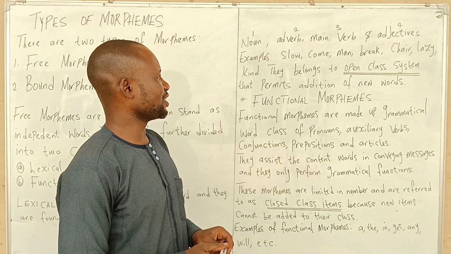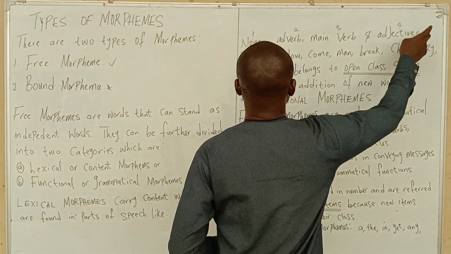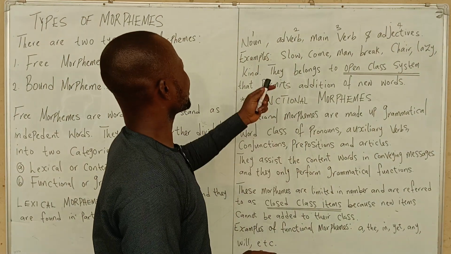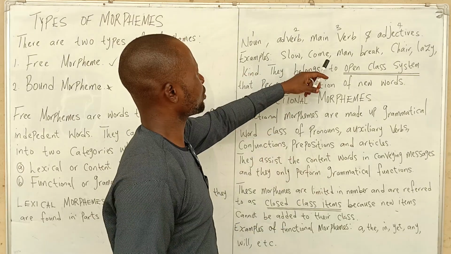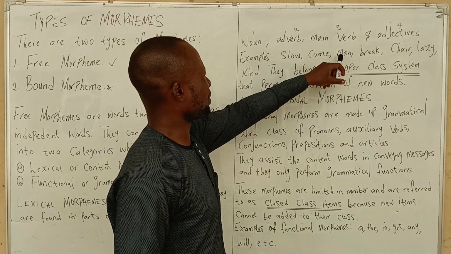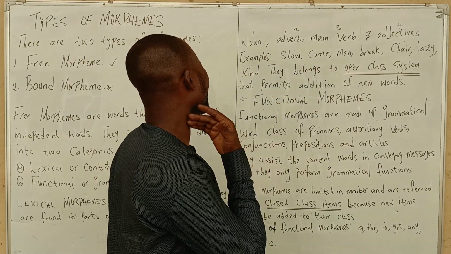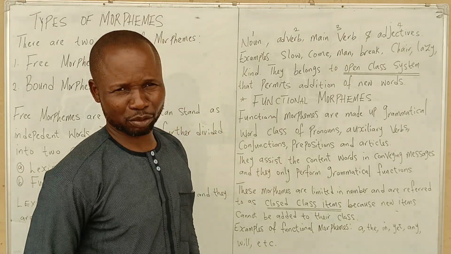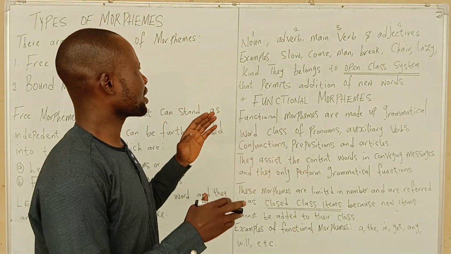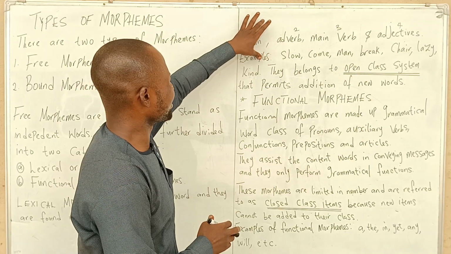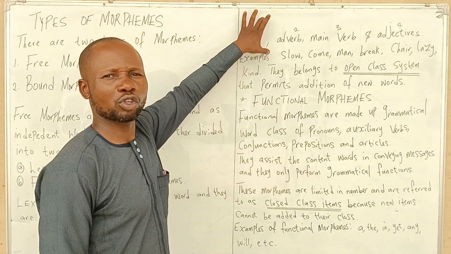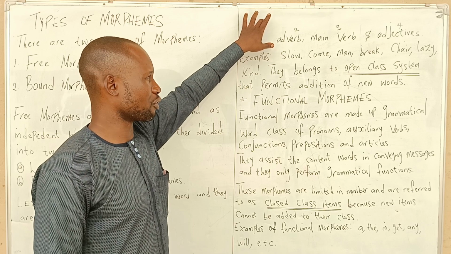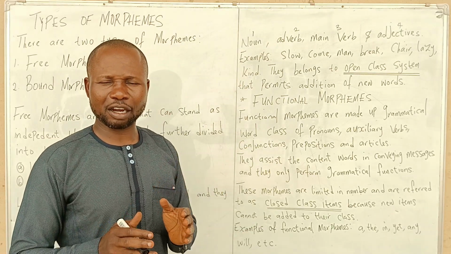So you can see adjectives are lazy, kind, while adverb we have slow, main verb we have come, while man and cheer are nouns. So these are examples of content morphemes or lexical morphemes.